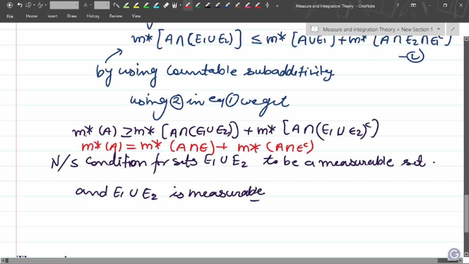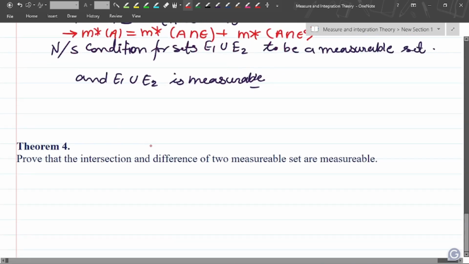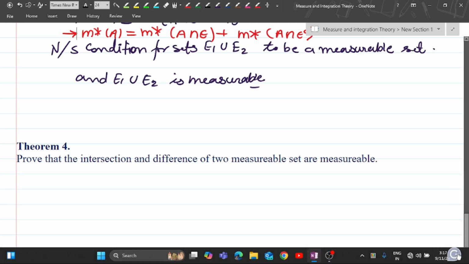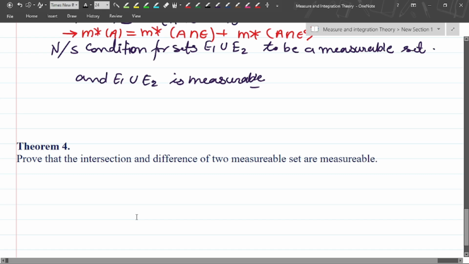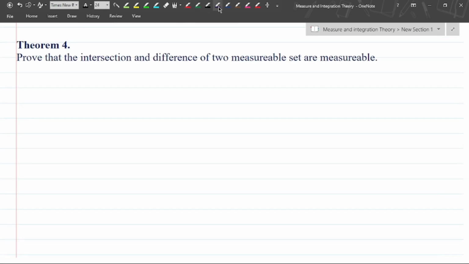This is the representation, and according to the condition we have already discussed, it is the necessary and sufficient condition, so we can say that it is a measurable set. Now prove that the intersection and difference of two measurable sets are measurable. Now we have proved the union. Okay, now we'll proceed forward with the intersection and the difference.